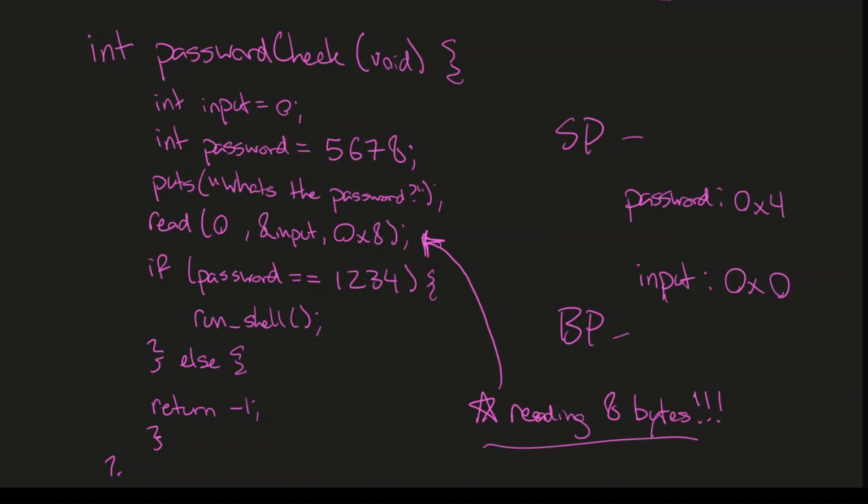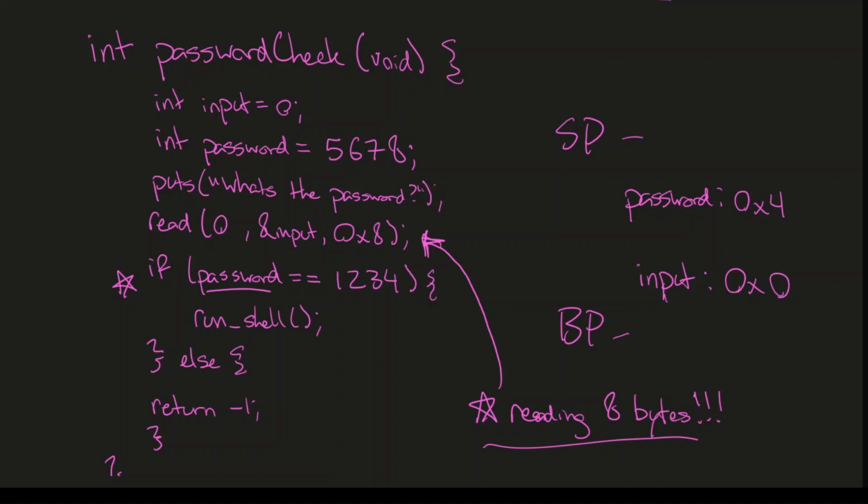But notice that the if statement right here does not actually check the user's input. It checks password. But you now may be thinking, how can you change password if it's not something that's read into by the user? And that is where we get into buffer overflows.